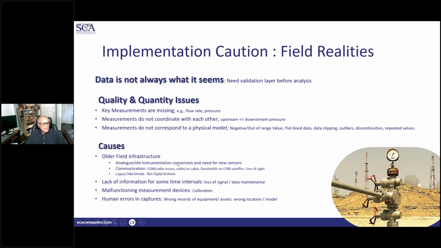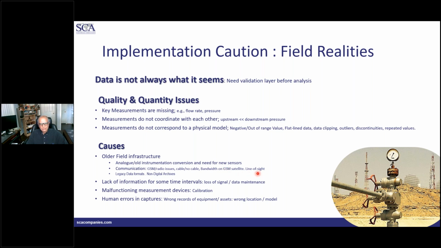And there may be many, many reasons for these quality and quantity issues. Many times I heard this, that we do not have enough data because our field infrastructure is wrong. If you have analog instrumentation like this, then it becomes very challenging, right? Meaning companies have to invest in some newer sensors. Communication used to be a challenge.